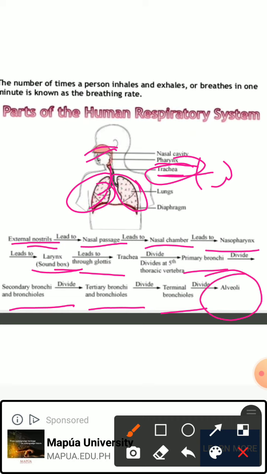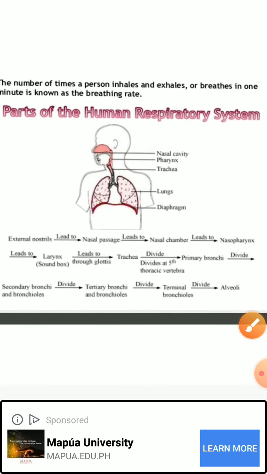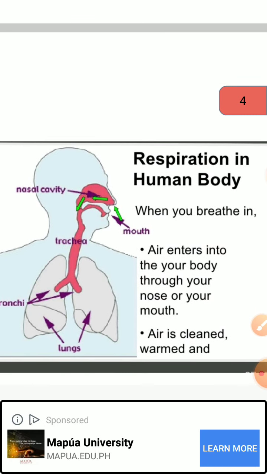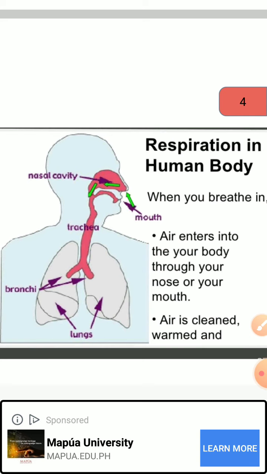Alveoli are a very important part of the respiratory system. Get it? Further we'll study about it. So these are the parts of the human respiratory system. Now let's see how all the organs work.